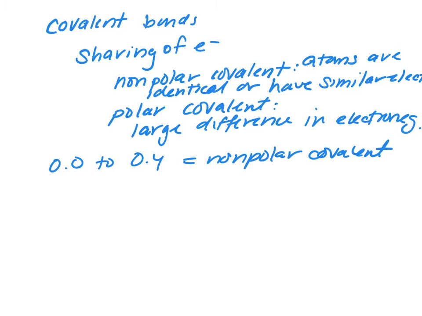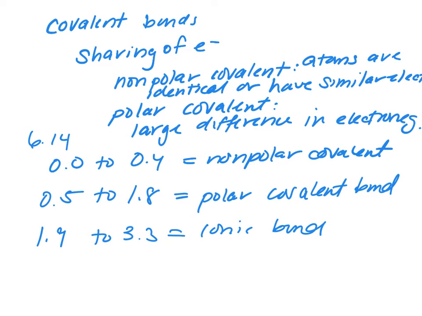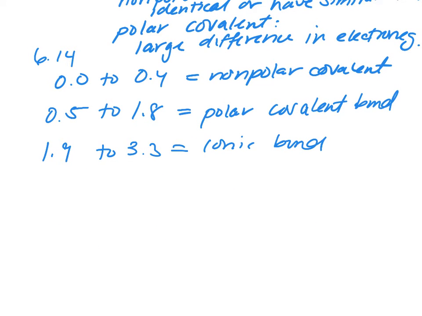If the electronegativity difference is 0.5 to 1.8, you have a polar covalent bond. And if that difference is 1.9 to 3.3, you have an ionic bond. You can find this in table 6.14 of your text. So let's look at this practically, and you'll be given electronegativity values.